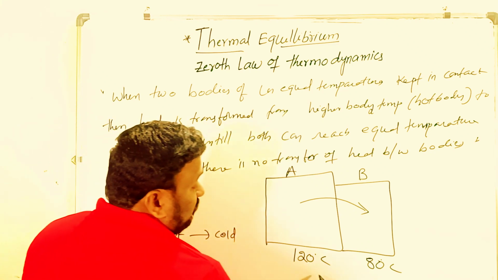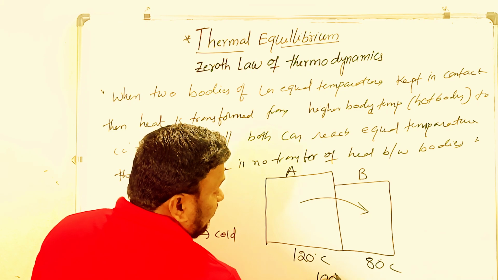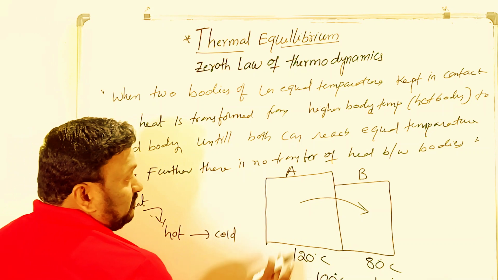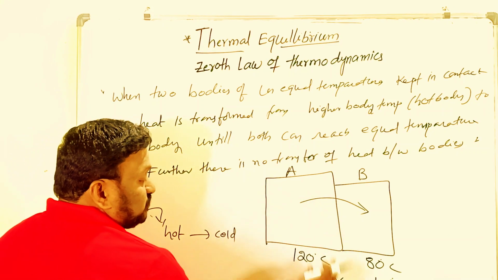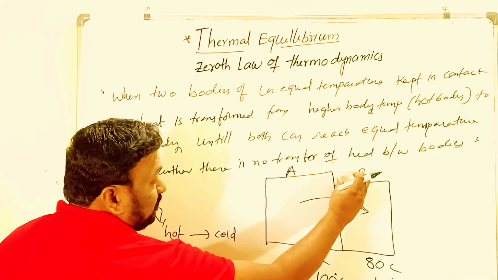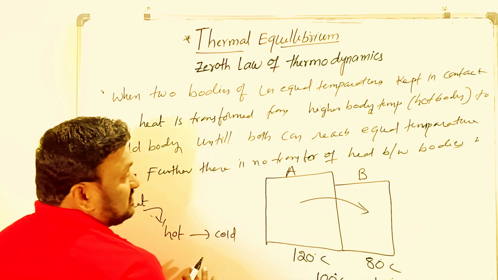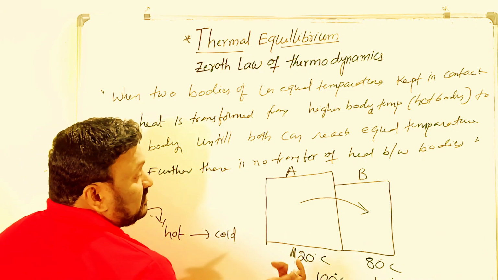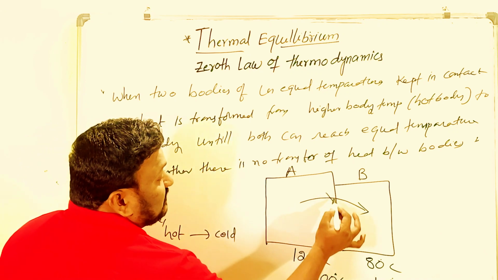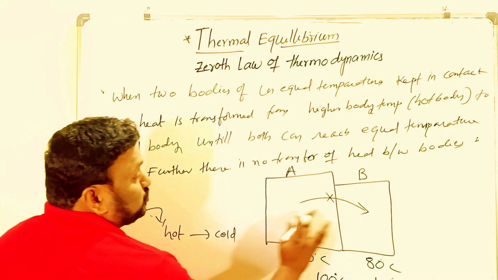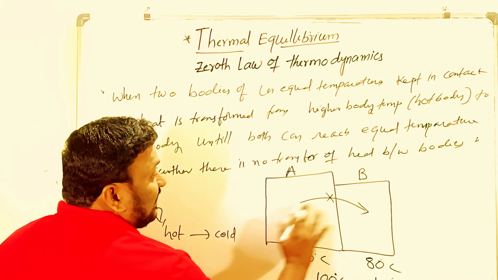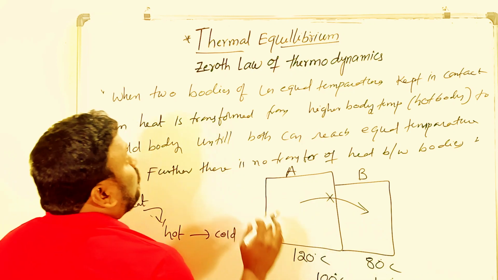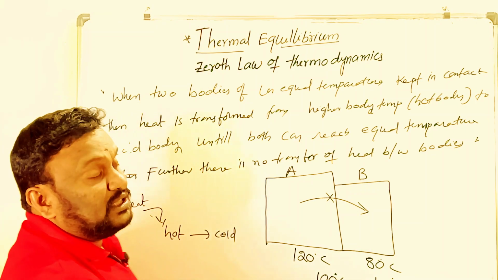That means both have equal temperature. What is it? 100 degrees Celsius. After some time, the temperature of body A is 100 degrees Celsius, and the temperature of B is 100 degrees Celsius. Both reach the same temperature. Then there is no transmission of heat between the two bodies because both are at the same temperature. That phenomenon we call thermal equilibrium.